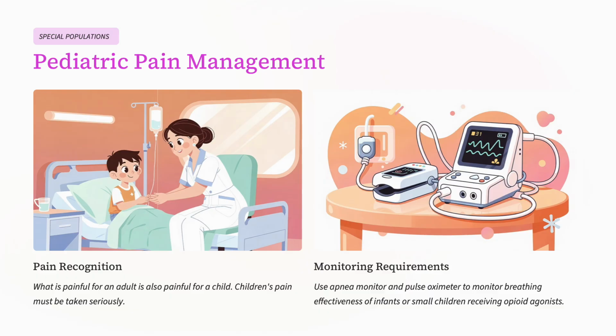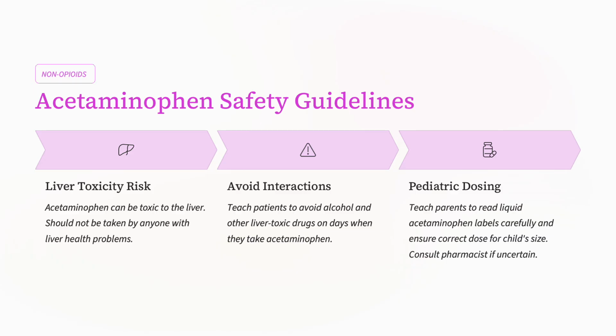Opioids affect kids differently, so we want to make sure that we're using an apnea monitor, which would indicate if they stopped breathing, and then a pulse oximeter would measure their SpO2, or their oxygenation in their blood. Especially with infants or small children, we always want to be monitoring them closely if they're getting an opioid.